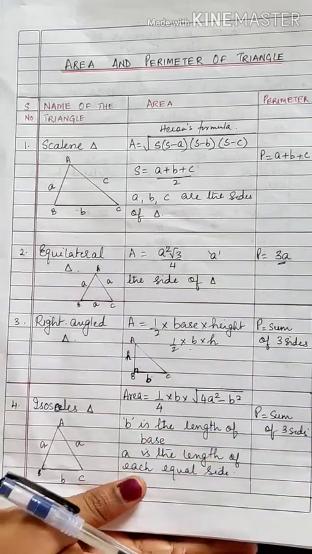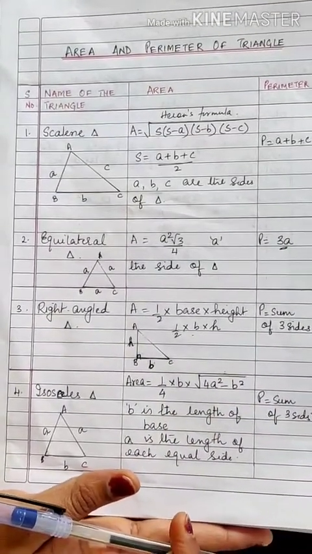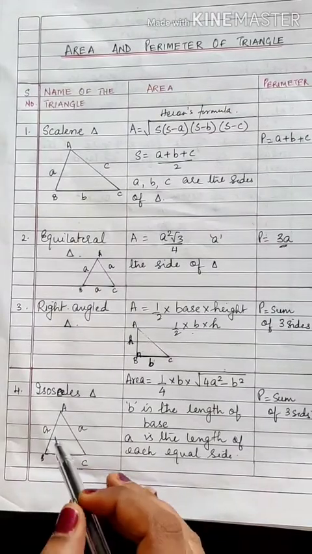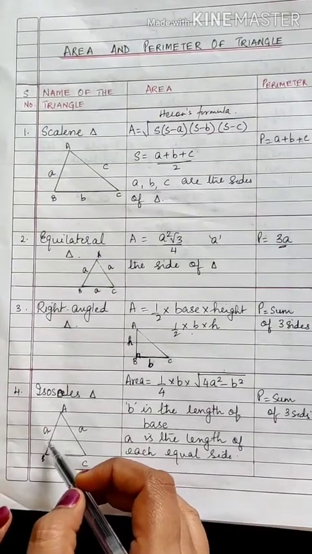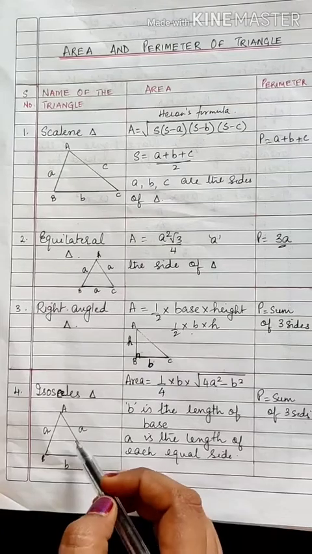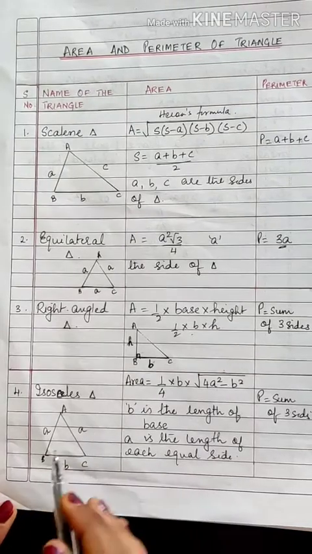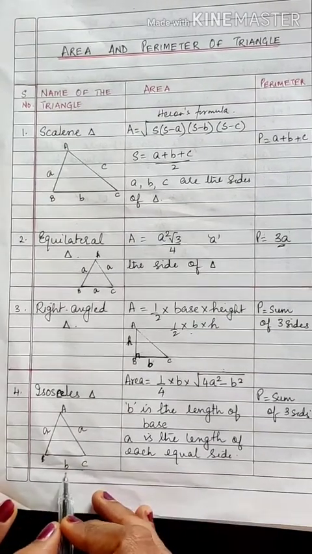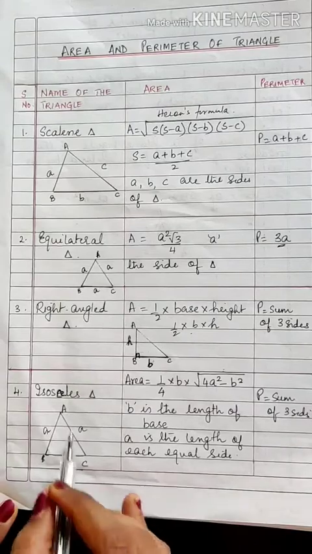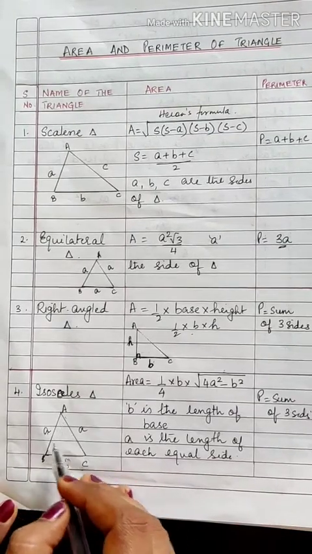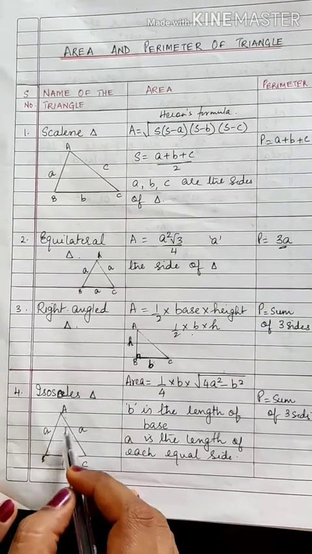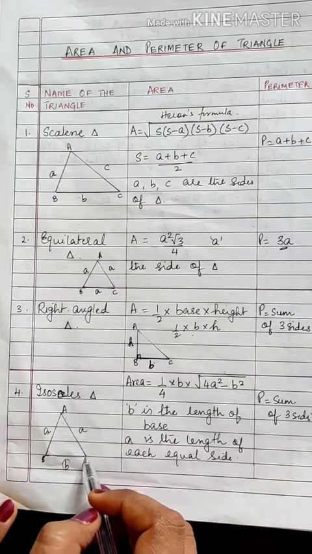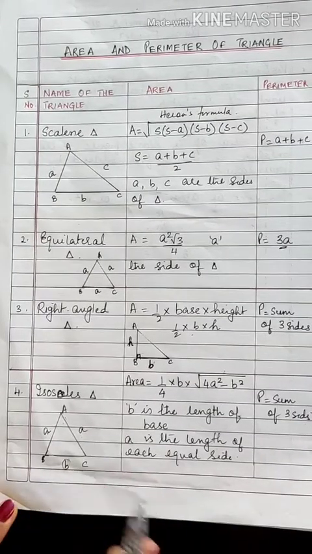Moving on to the next triangle, the isosceles triangle. An isosceles triangle is a triangle with two sides equal. In this triangle, BC is the base, which is marked as small b, and the equal sides are a. So AB and AC are the equal sides, which are marked as a.